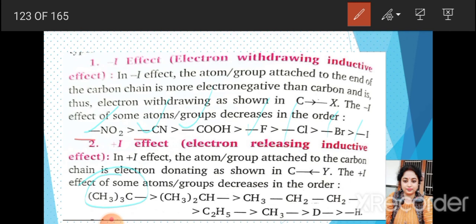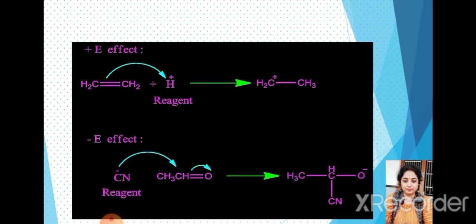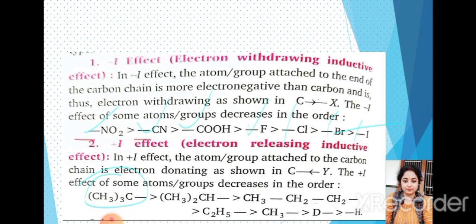Okay, here you have to remember what the inductive effect is and its types. It is of two types, and how electrons are being withdrawn and how electrons are being released: plus I and minus I effect.